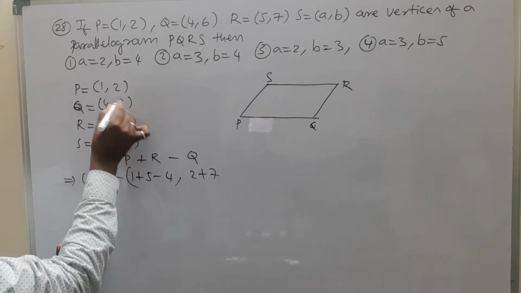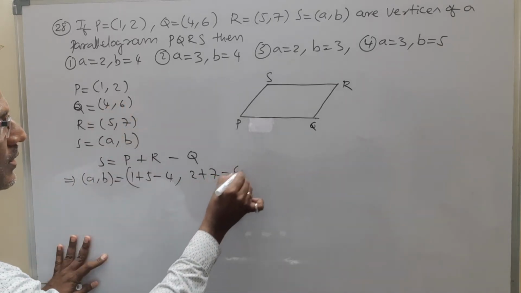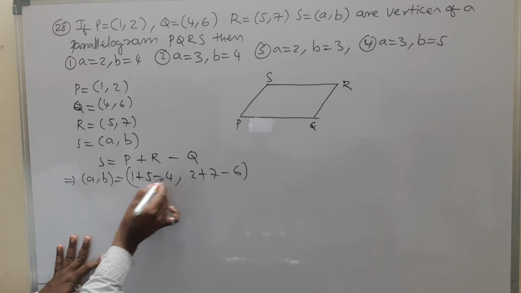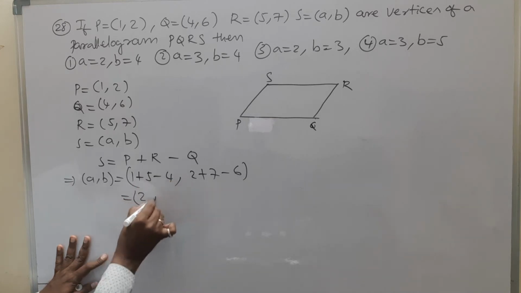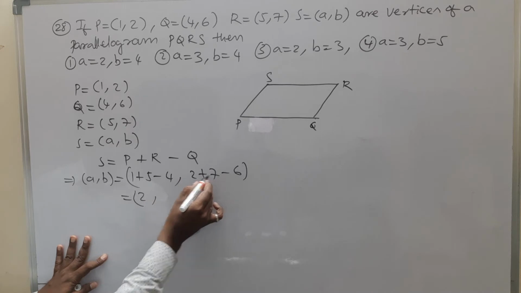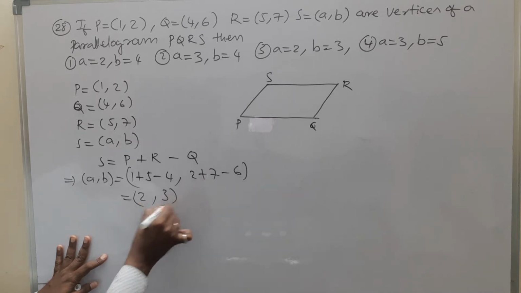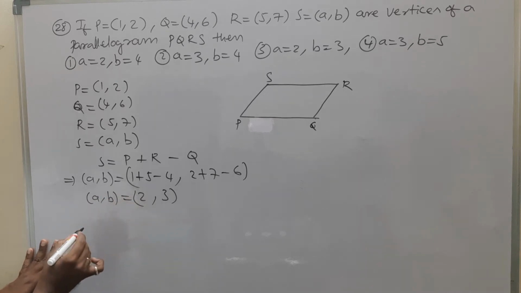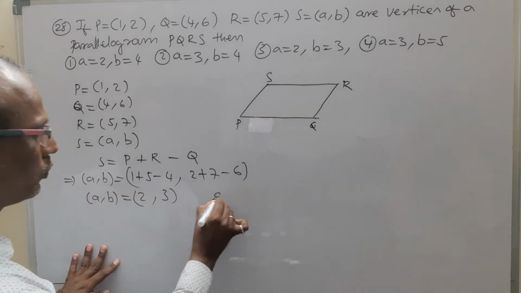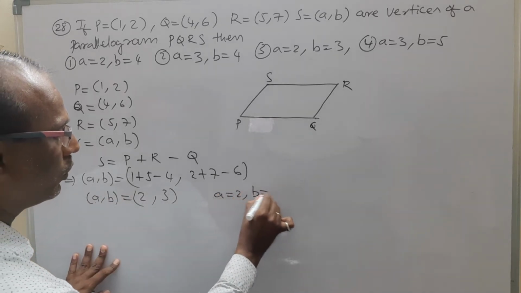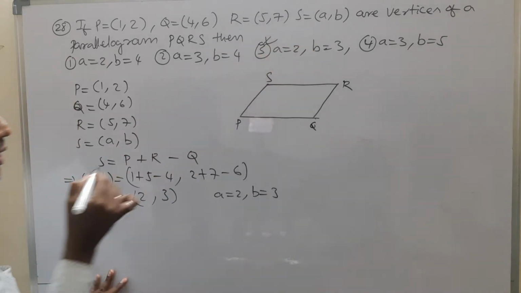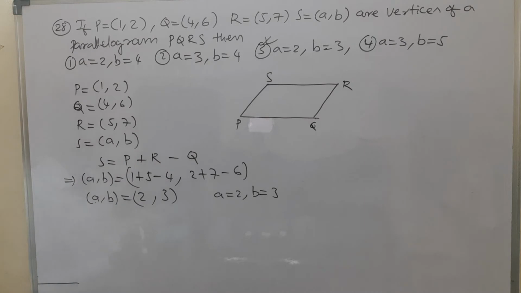In Q, the y coordinate is 6, minus 6. 1 plus 5, 6. 6 minus 4, 2. 2 plus 7, 9. 9 minus 6, 3. 2 comma 3. a comma b equal to 2 comma 3. Here a equal to 2, b equal to 3. The third option is correct.